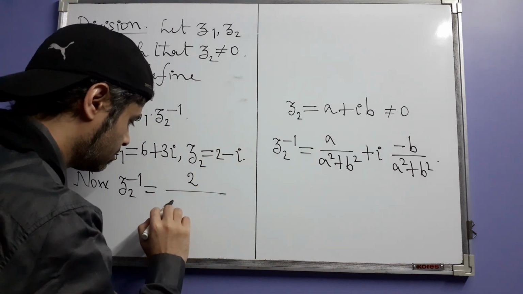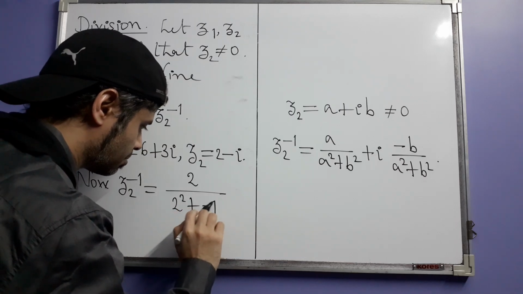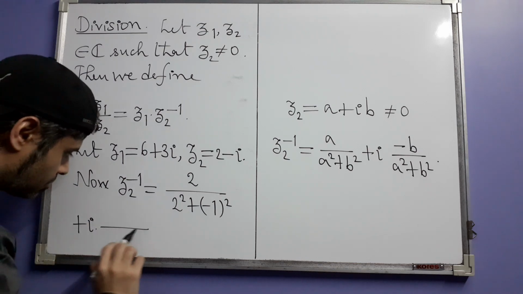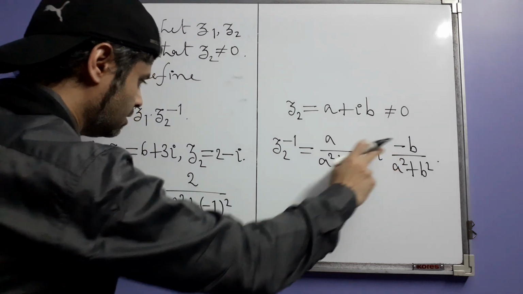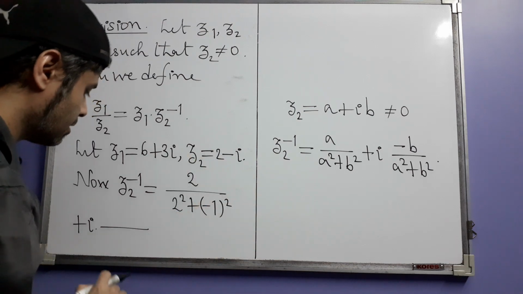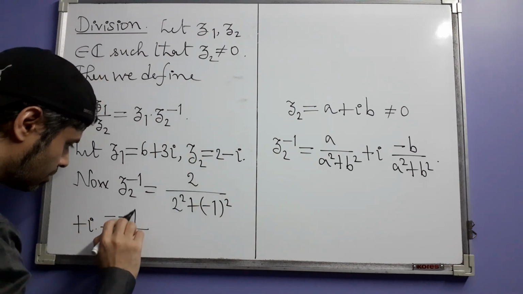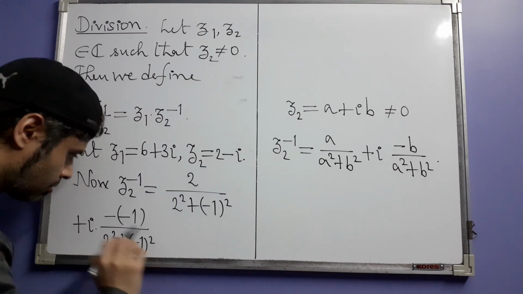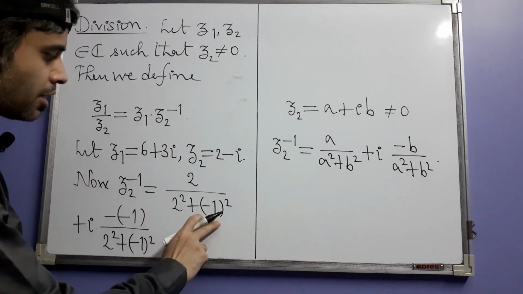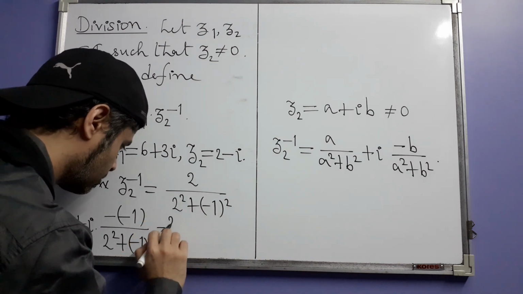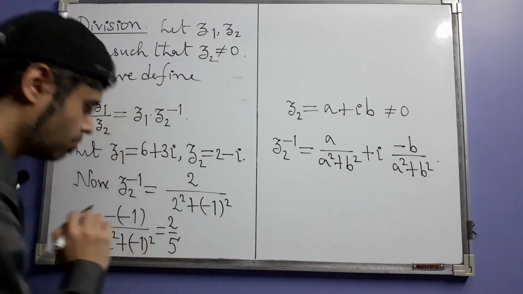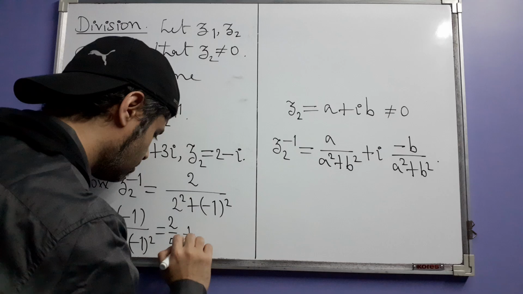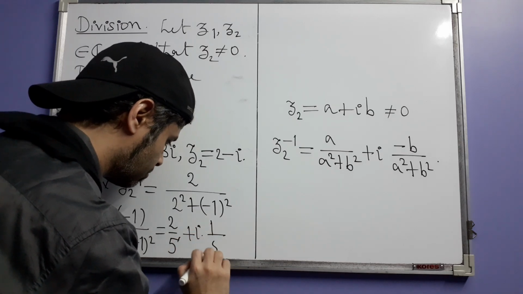So 2 divided by 2 square plus minus 1 square, plus i times, you remember you have minus B here and B itself is already minus 1, so minus of minus 1, divided by this. So what will it be? 4 plus 1 is 5. That means the real part is 2 over 5 and the imaginary part is 1 over 5, i times 1 over 5.